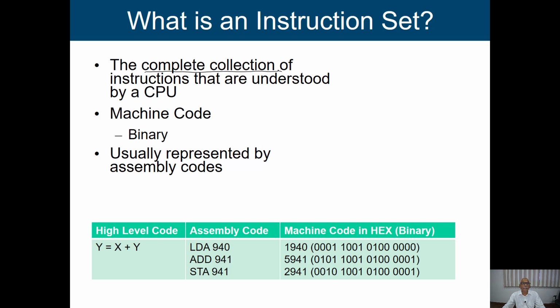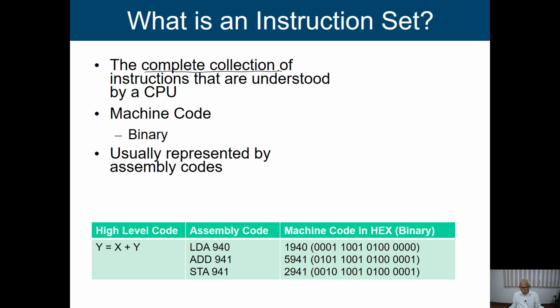Every machine code is made for a specific purpose, and for our understanding we represent this instruction code with the help of assembly code so that we can visualize it.